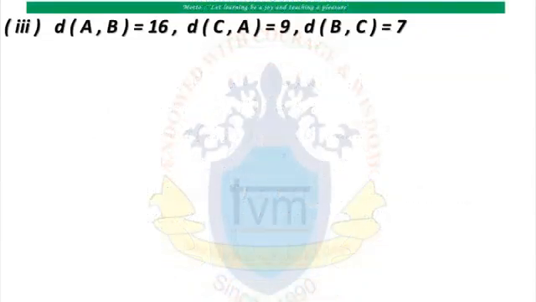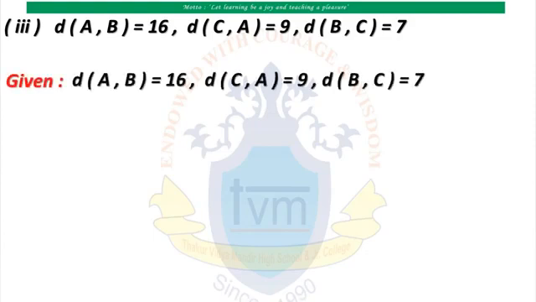Here we have the next question. Distance AB equals 16, distance CA equals 9, distance BC equals 7. So what is given here? Distance AB is 16, distance CA equals 9, and distance BC equals 7. So here we have 3 points A, B and C, and we have to check whether these 3 points are collinear or not, right? If they are collinear, then which point will lie between the other two?